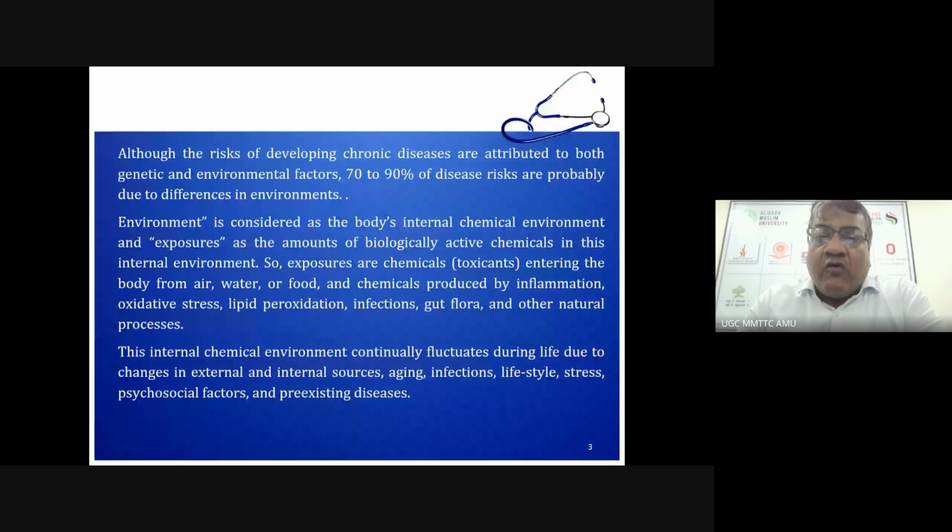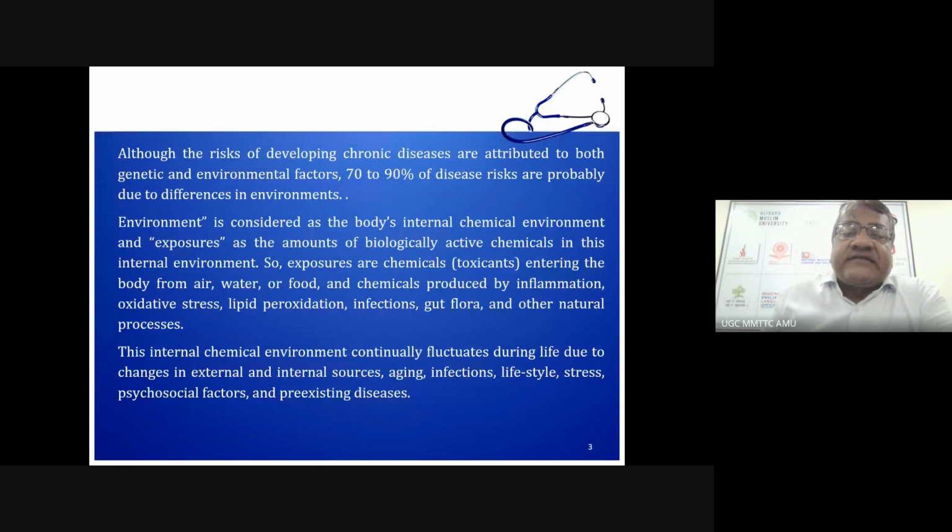I will go to the next slide. If you see the data, the risk of chronic diseases due to these environmental pollutants is about 70 to 90%. Diseases are probably due to differences in environment. It could be 20 to 30% genetic also.